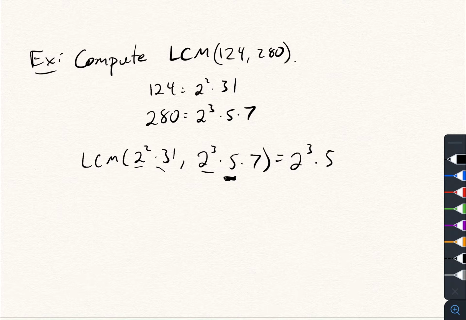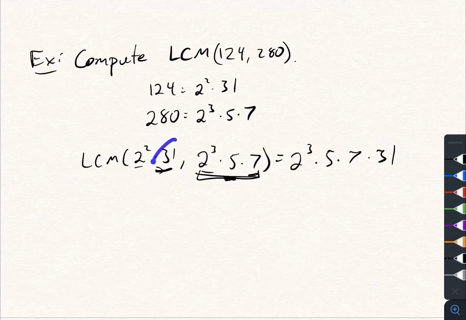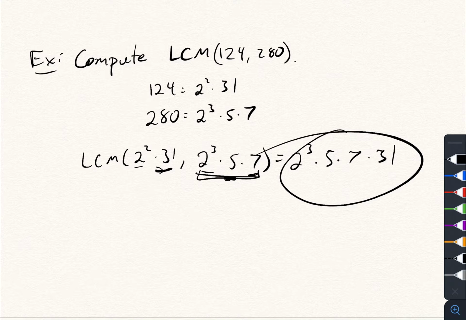It has to be a multiple of 5 because it is a multiple of this number. It also has to be a multiple of 7 because it's a multiple of this whole number. There's no factors of 7 here. And then we'll also have to have a 31 right here. Okay, so this right here is the prime factorization of the least common multiple of 124 and 280.